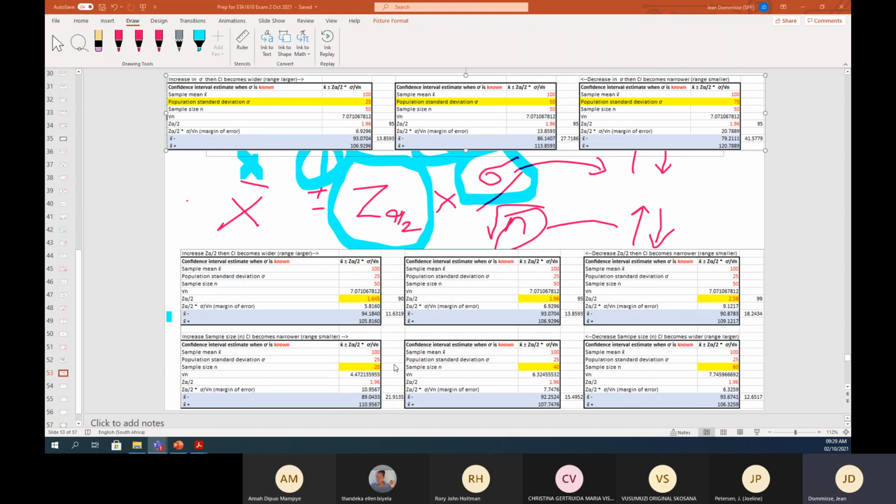So the only one, and that is because we divide by it. So the only one that becomes smaller when something goes up, because when that goes up, the whole thing will become smaller. So the only thing that has the impact to make the range become smaller is when n increases.